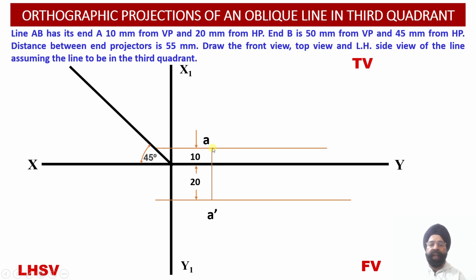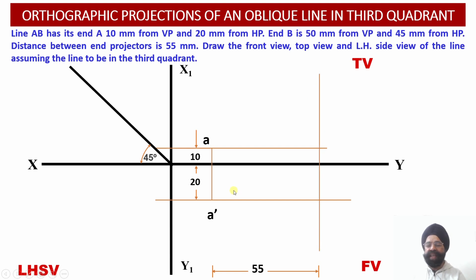Having obtained the projections corresponding to the end A, another information we have got is that the distance between the end projectors of the two ends A and B of the line AB is 55 millimeter. Please check. Here we have marked the distance between the end projector of the end A and the end projector of the end B over here.